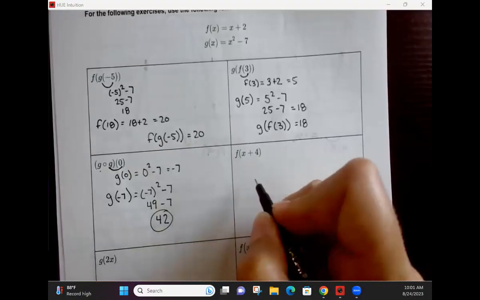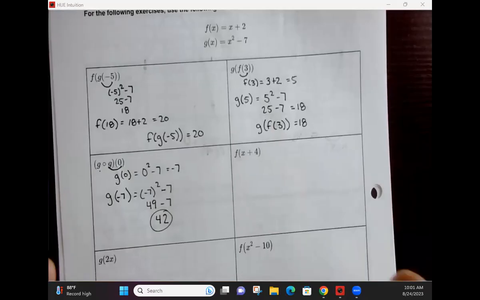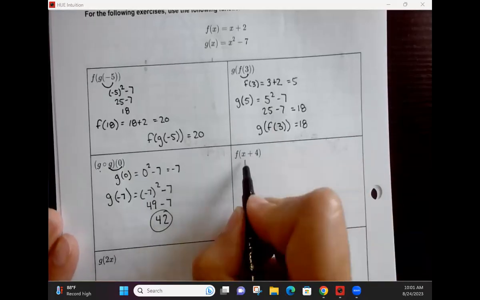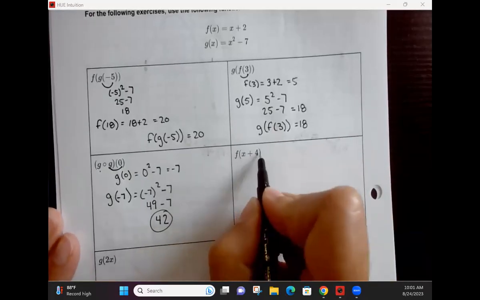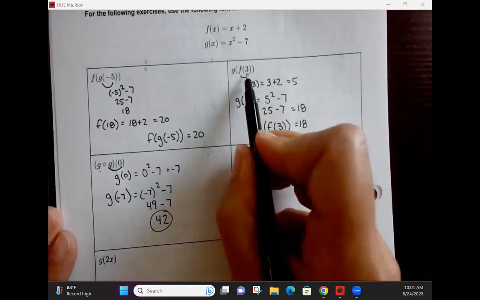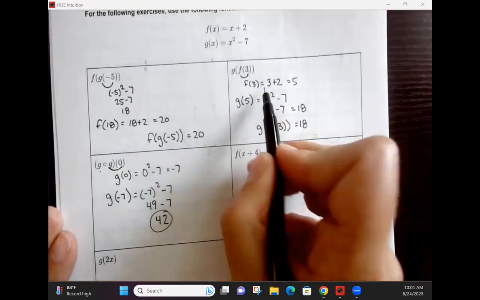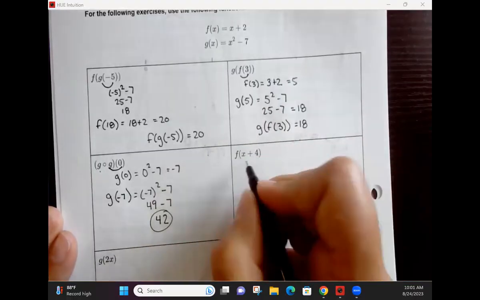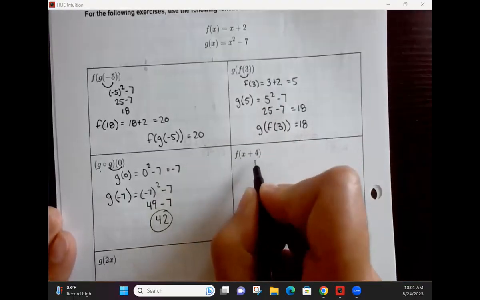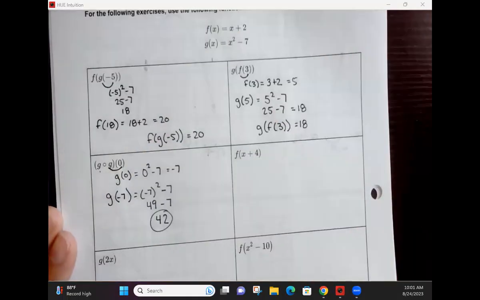So I'm going to evaluate f at the expression x plus 4. So this means anywhere that I see x, I am going to plug in x plus 4. Just like here, anywhere I saw x, I plugged in 3. This time, anywhere I see x, I'm going to plug in x plus 4 for my function f of x.